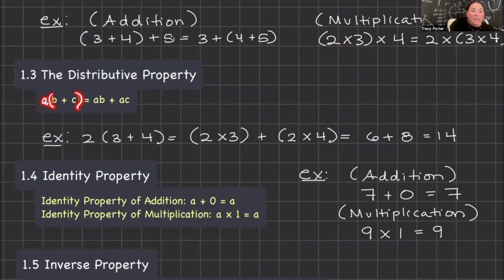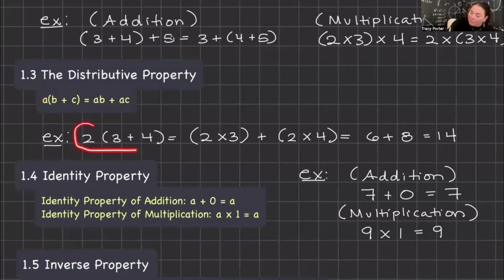So you have A multiplied times the sum of B plus C. This says that we can multiply A times B. A lot of times we'll draw a little distribute arrow to remind you that you have to multiply A times B, but then you're going to add that to the product of A times C. So that's going to be equal to AB plus AC.